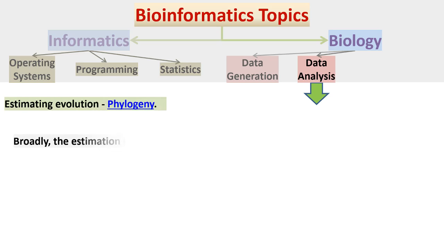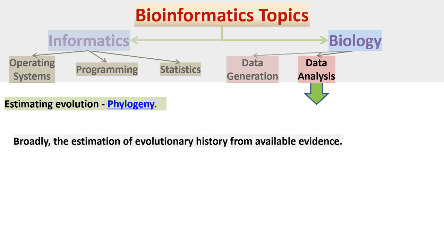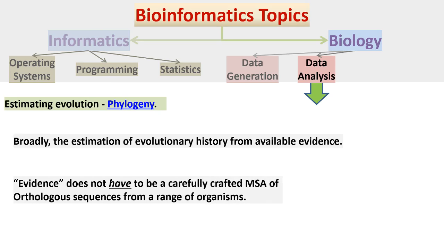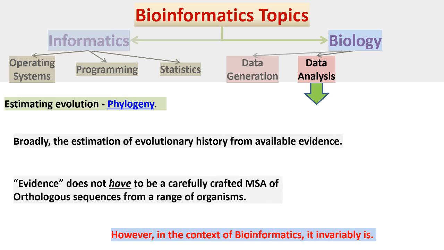Phylogeny is the estimation of evolution from evidence from a variety of sources, including paleontology and comparative anatomy. This topic will be covered fully in one of the modules of your course. In the context of bioinformatics, the evidence upon which estimations are based is invariably carefully computed MSAs.